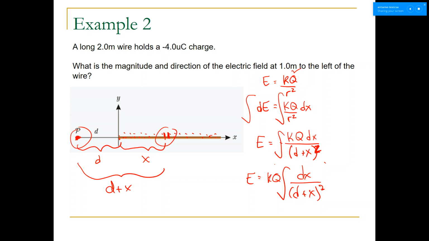What are my limits of integration in this case? Mark, what do you think? Minus 1 and 1? Why minus 1 and 1?